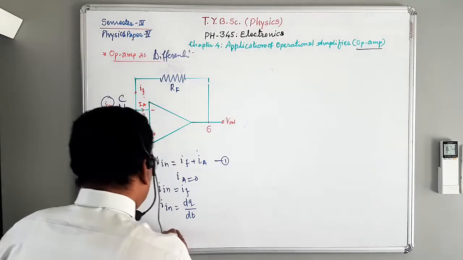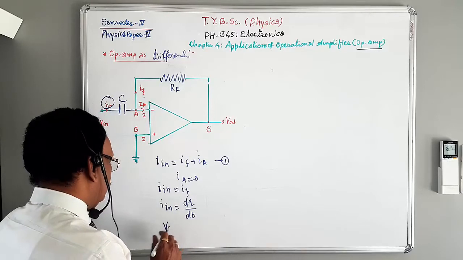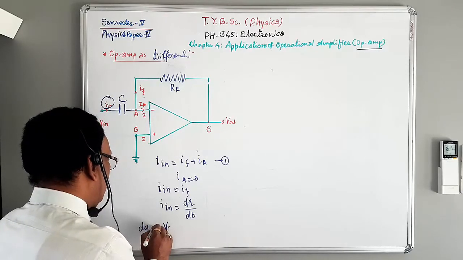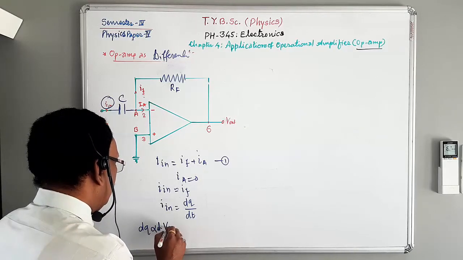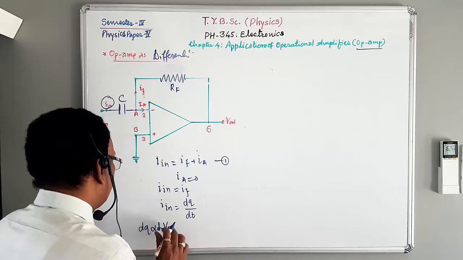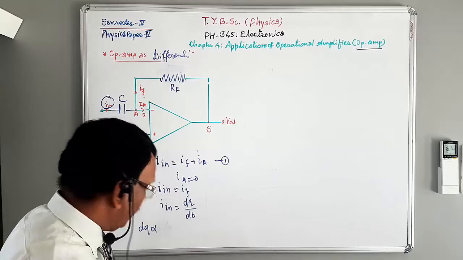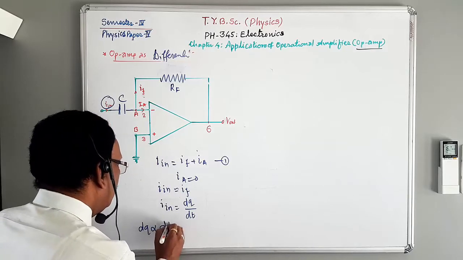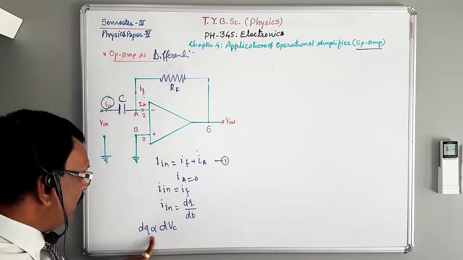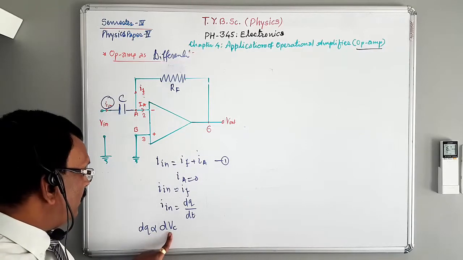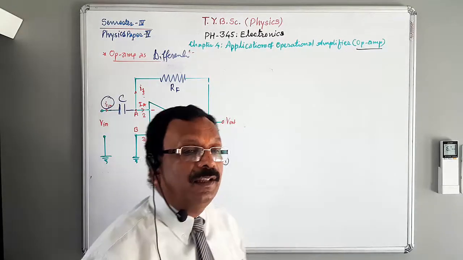We have dq is directly proportional to dvc. That means rate of change of charge is directly proportional to rate of change of voltage across capacitor.